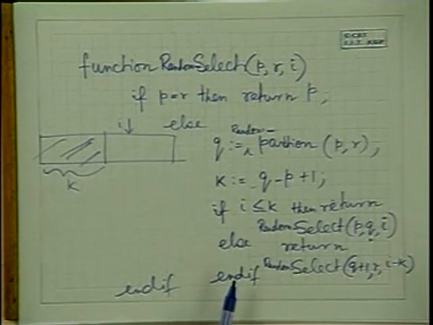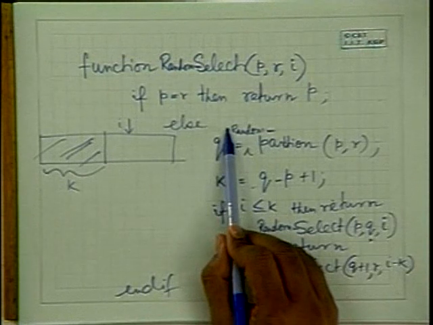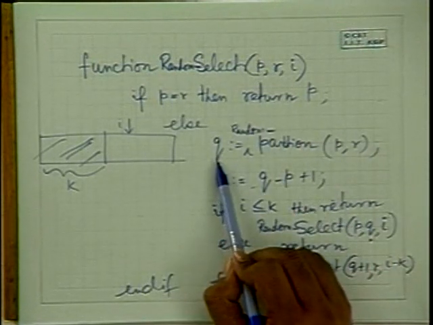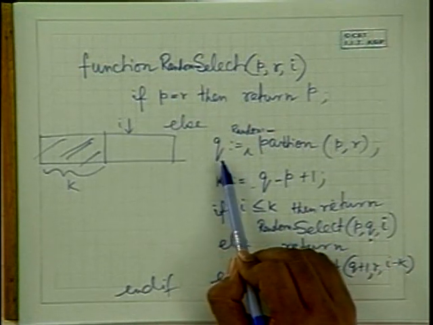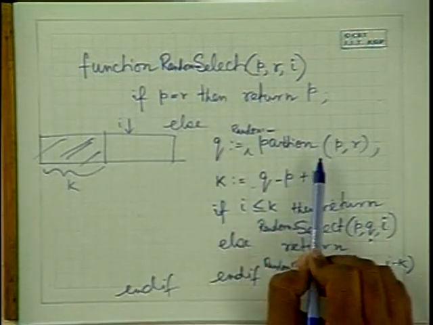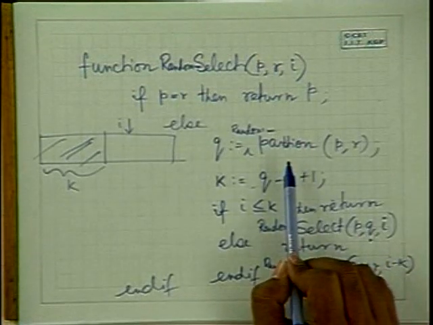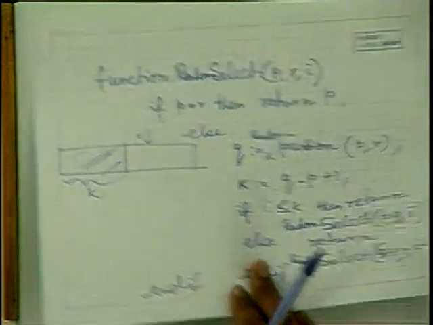And let us analyze this algorithm with this randomness. Remember, if you go back to the previous lecture, we have seen how this random partition returns the Q randomly. All indices between P and R are equally likely to happen, and that's the key point here. So let us now analyze this randomized algorithm.